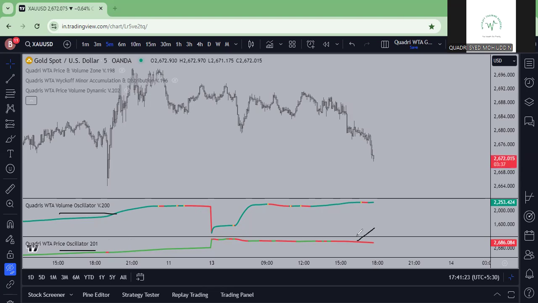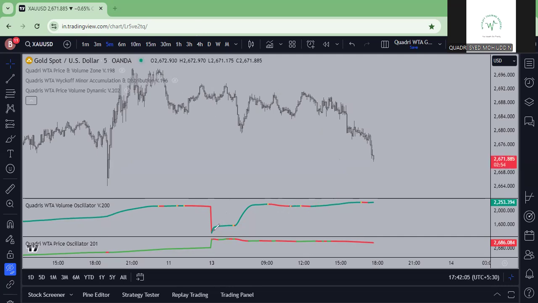Red stands for supply, selling, and green stands for buying when it comes to the price oscillator. And when it comes to the volume oscillator, green stands for active participation of volume, and red stands for no active participation from volume, or you can say a low volume zone.